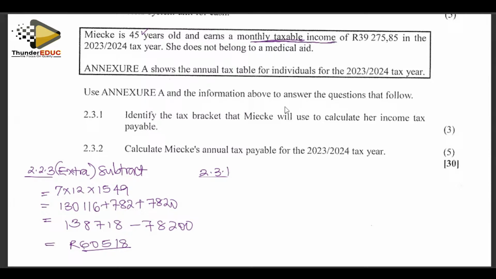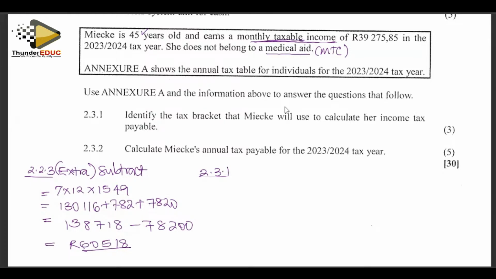She does not belong to any medical aid, so we shall not look for the medical tax credits. We don't need them. And the next annexure, A, shows the annual tax table for individuals for the 2023-2024 tax year.